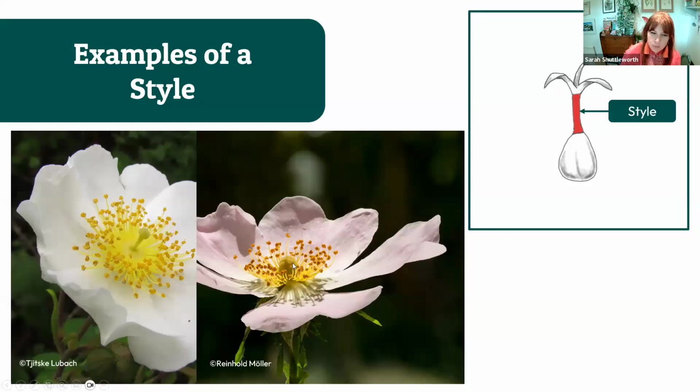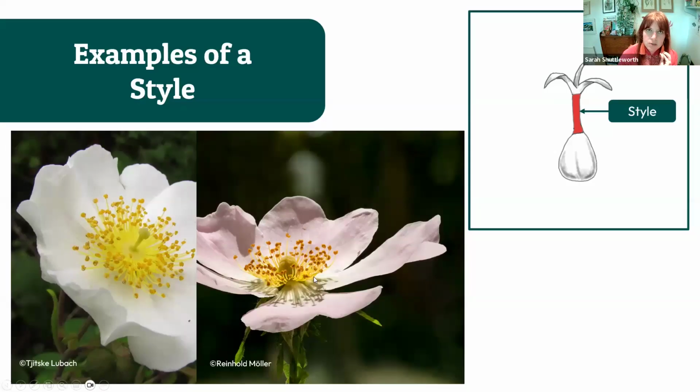In dog rose, we don't have a style. So you've got the ovary essentially, and the stigma just sits atop it completely. It's sort of a jumble on the top there. It's not very obvious, but the blobby bit is the stigma. Whereas in the field rose, we've got a very, very clear style separating it out. And that can be a really useful way to tell the difference between the two.